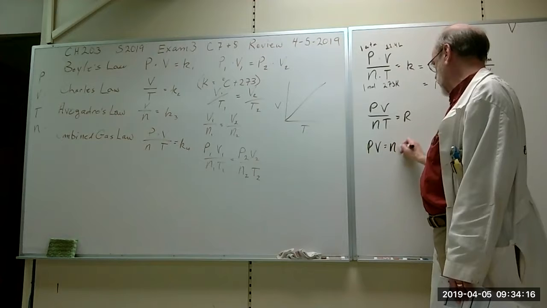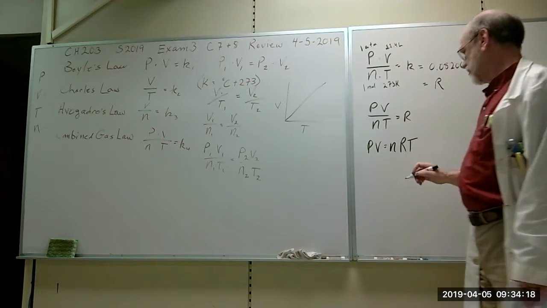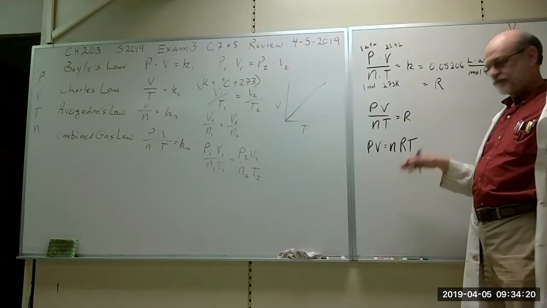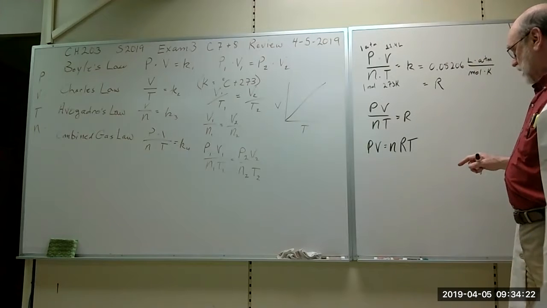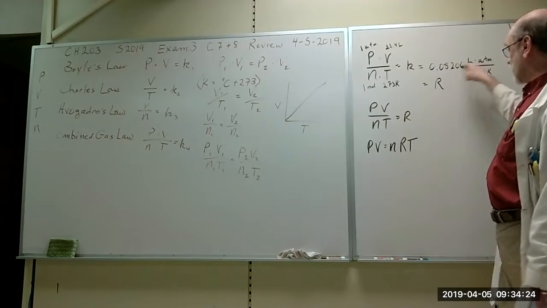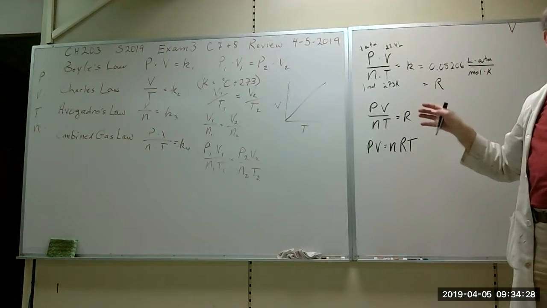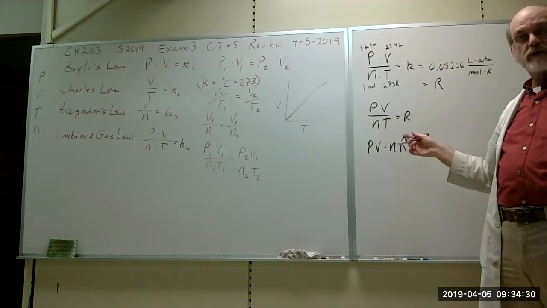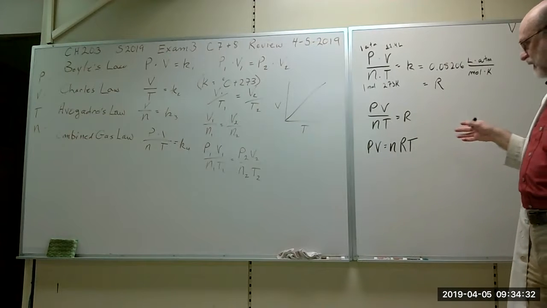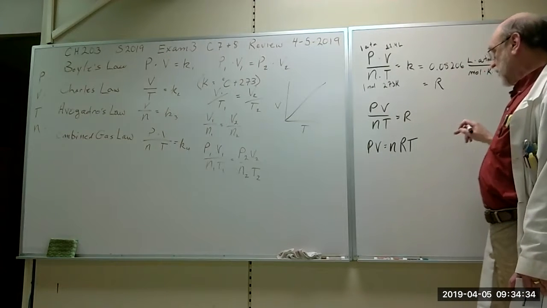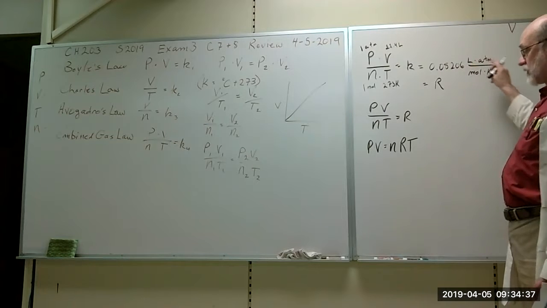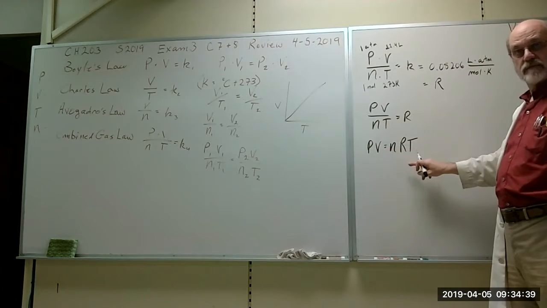PV equals nRT. That's the way you usually see it. And the R that we're going to use is this one. You can use different R's depending on the calculation that you're doing, but we're going to use this one.